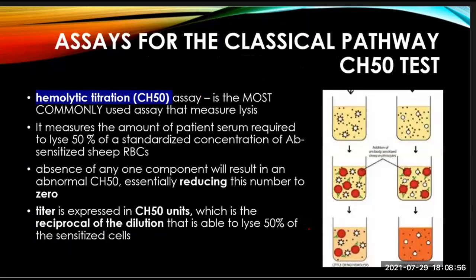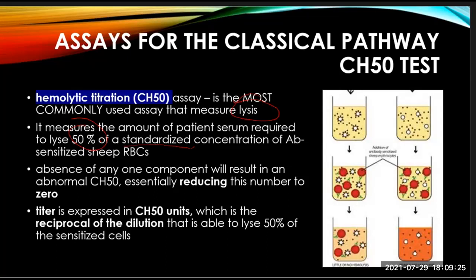Oh. So ito, we have the assays for the classical pathway, CH50 test. Hemolytic titration CH50 assay, ito ang pinaka-common. This is the most commonly utilized assay that measures lysis of sheep red blood cells. It measures the amount of patient serum required to lyse 50% of a standardized concentration of antibody-sensitized sheep RBCs.